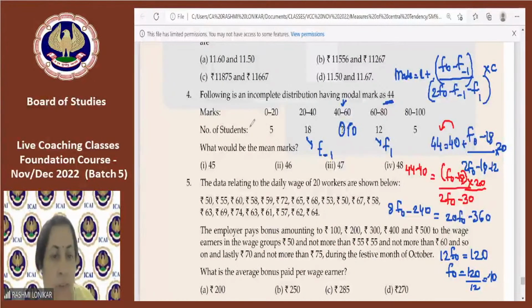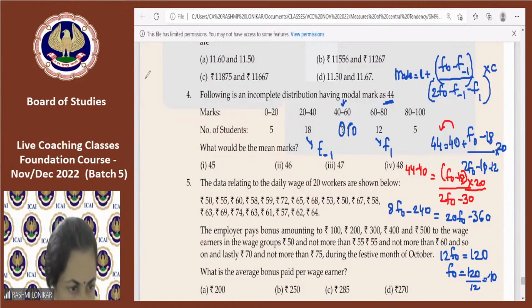Now I have a simple sum to find the mean. So how will I find the mean in this case? I will form the midpoints. How much is the midpoint? Here it is 10, 30. So X will be the midpoints 10, 30, 50, 70 and 90.